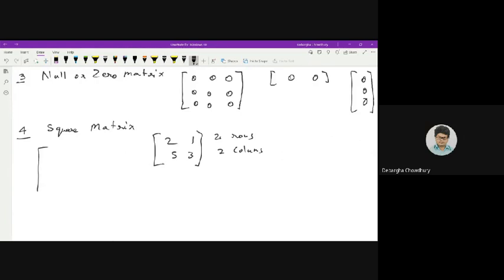Again, let's say 3 5 1, 4 3 2, 7 1 9. So this matrix contains three rows and three columns, so hence it is a square matrix.